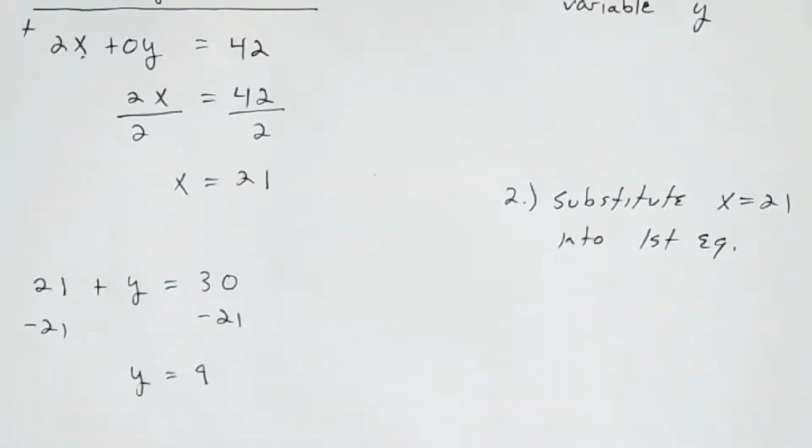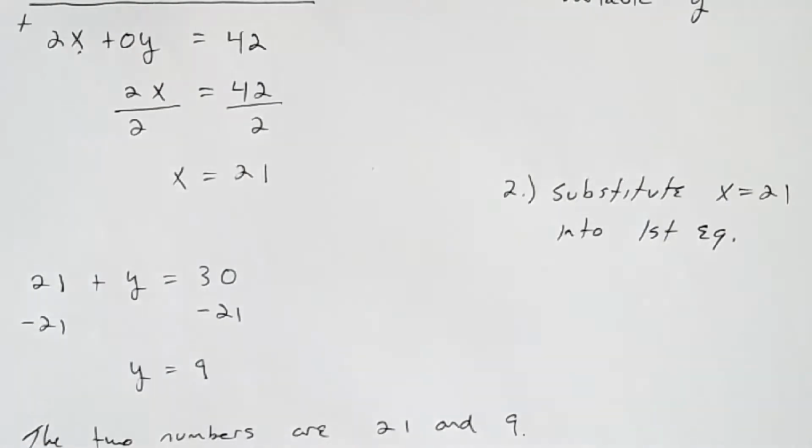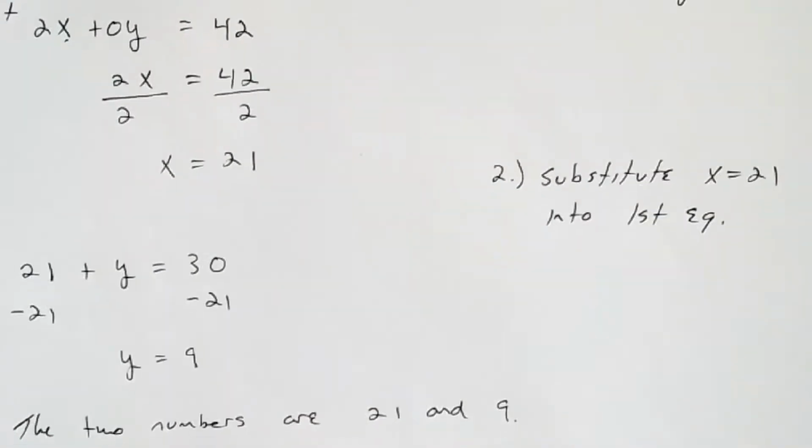The two numbers that we were looking for are 21 and 9. So that takes care of the first one, okay? Let's go ahead and have a look at the second one.